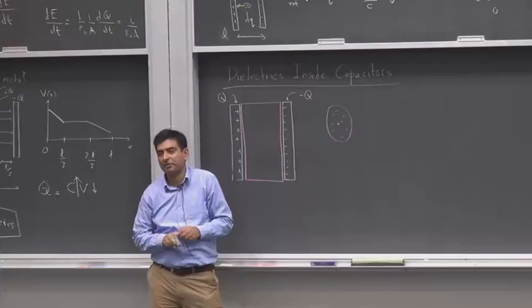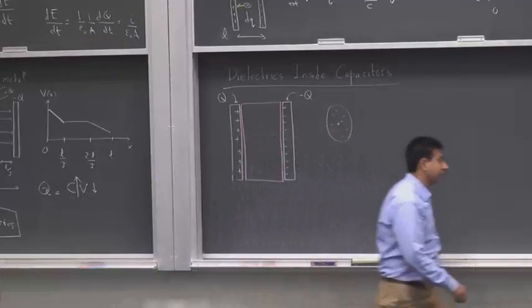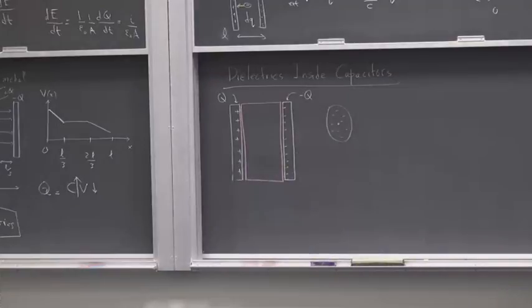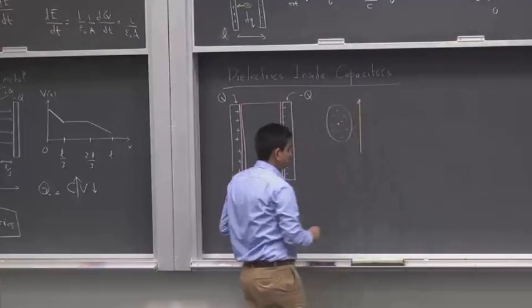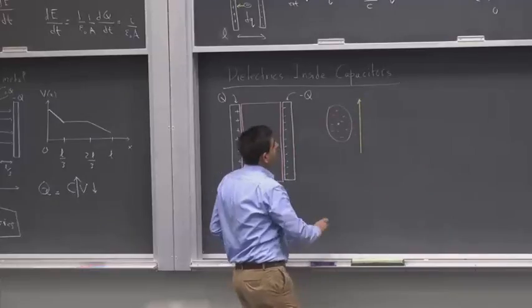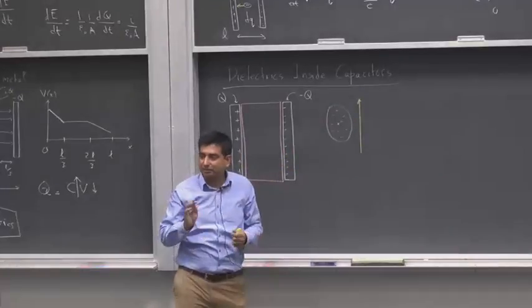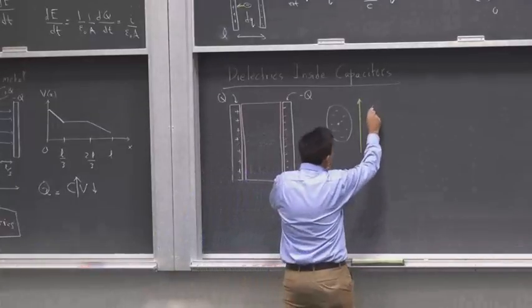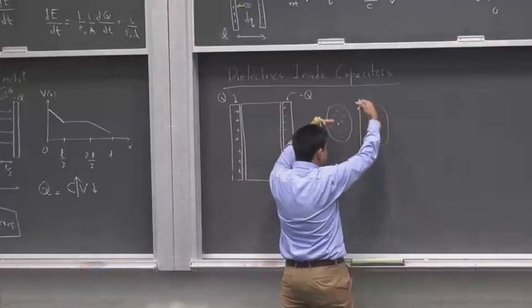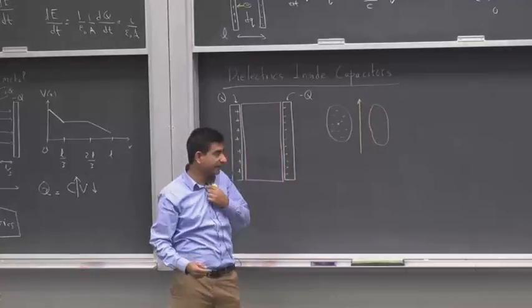However, if I place this inside an electric field, suppose this is the direction of the electric field, then this molecule, the electron cloud is more mobile, it's lighter. The protons are heavier. So this entire electron cloud can slightly skew itself and shift in the direction of the electric field, of the electric force.